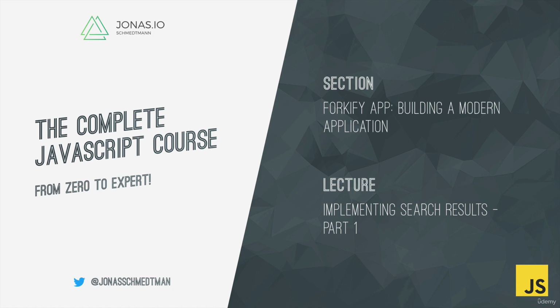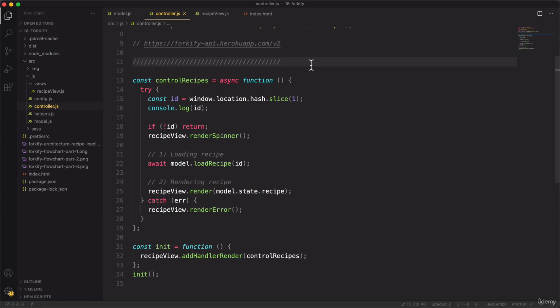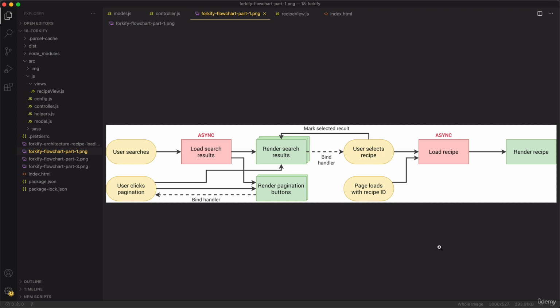Let's now start implementing the next feature of our application, which is going to be the search functionality. And let's start by taking a look at our flowchart here. And so again, we already have this part here basically now implemented. And now we are going to work basically first on this part.